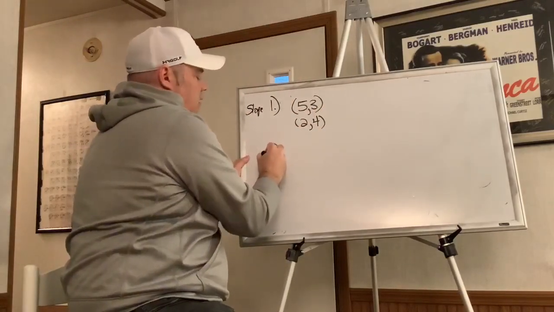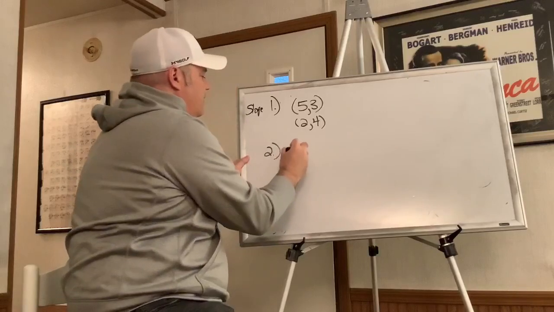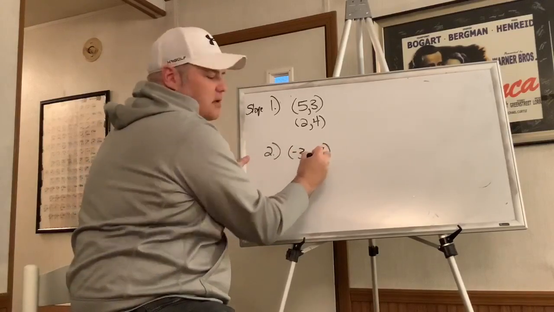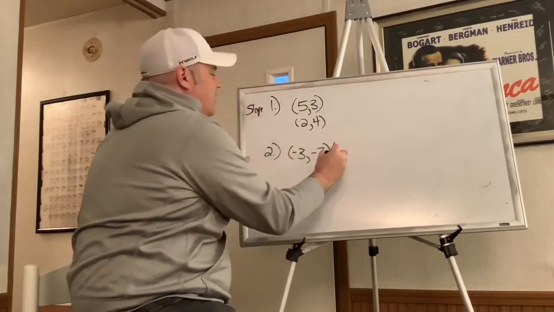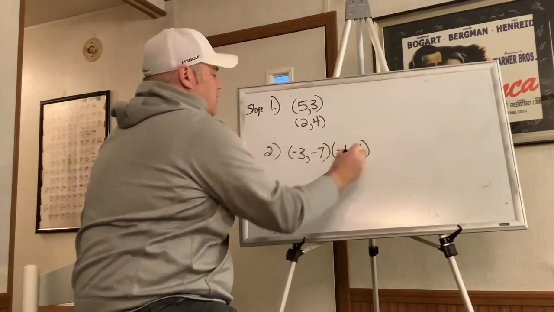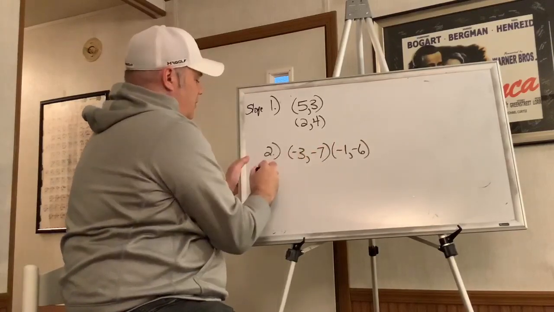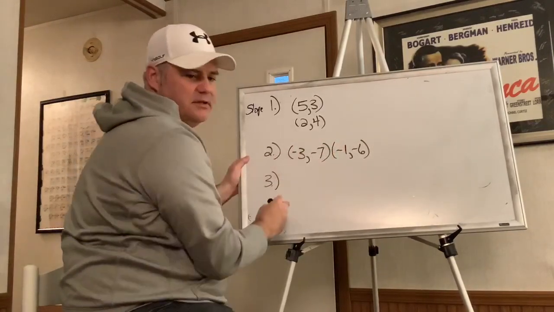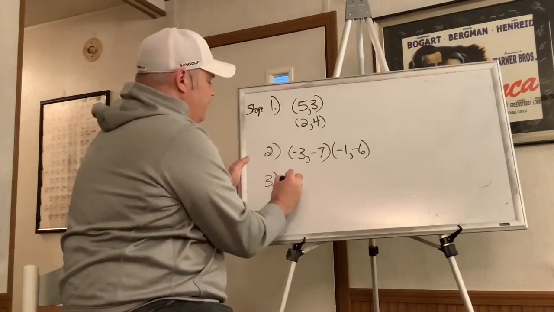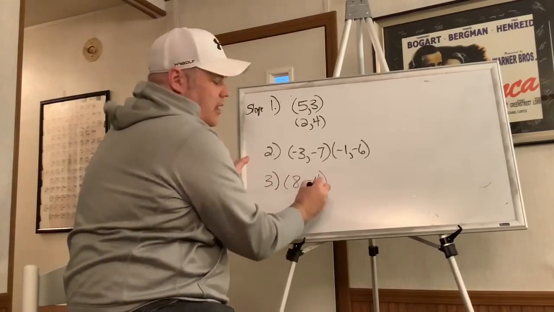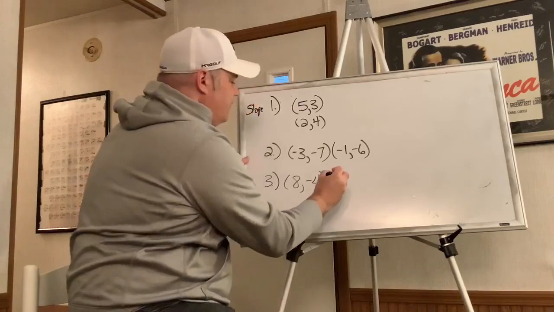Number 2, negative 3, negative 7, negative 1, negative 6. We wrote them side by side, but you can point 1, point 2 if you want. 8, negative 4, and 2, negative 1.